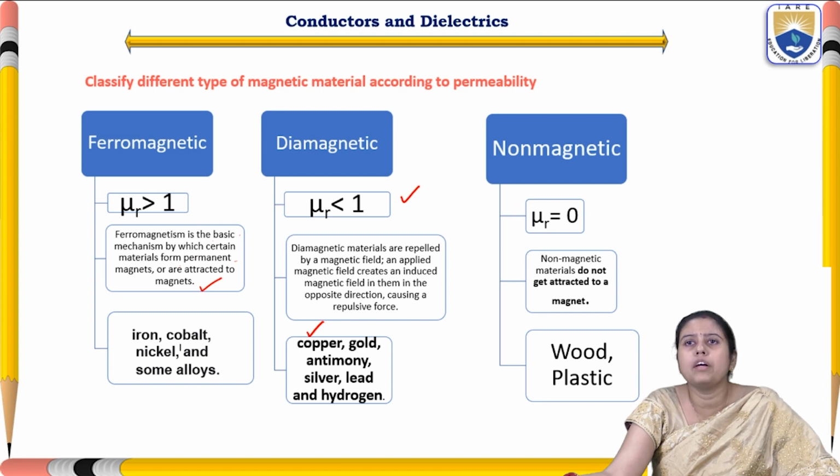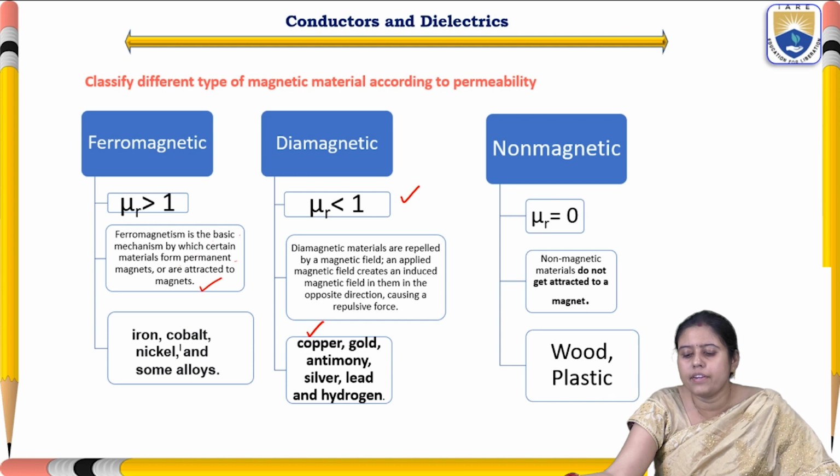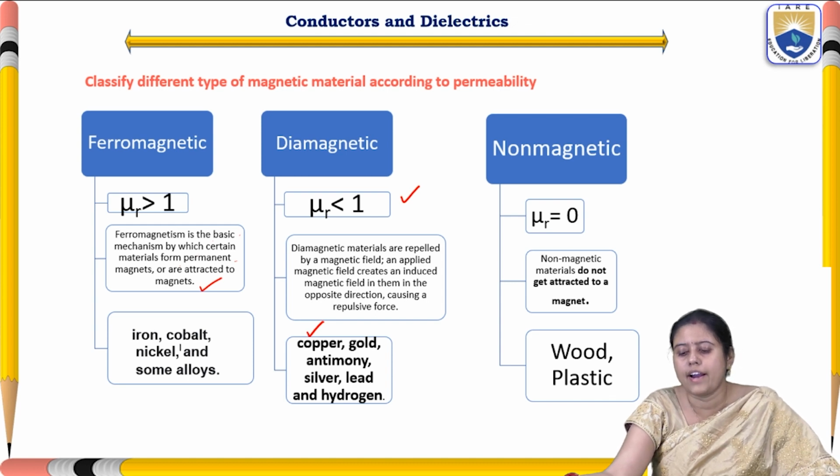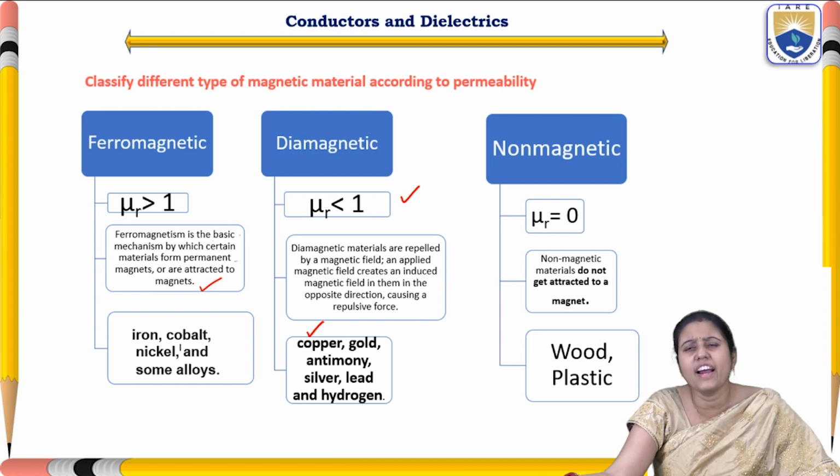What is the meaning of the non-magnetic material? As the name suggests, for a non-magnetic material mu r equals 0. Non-magnetic materials do not get attached to a magnet. If we keep one in a magnetic field, or bring the non-magnetic material near a magnet, it will neither change into a magnet nor get attached to a magnet.